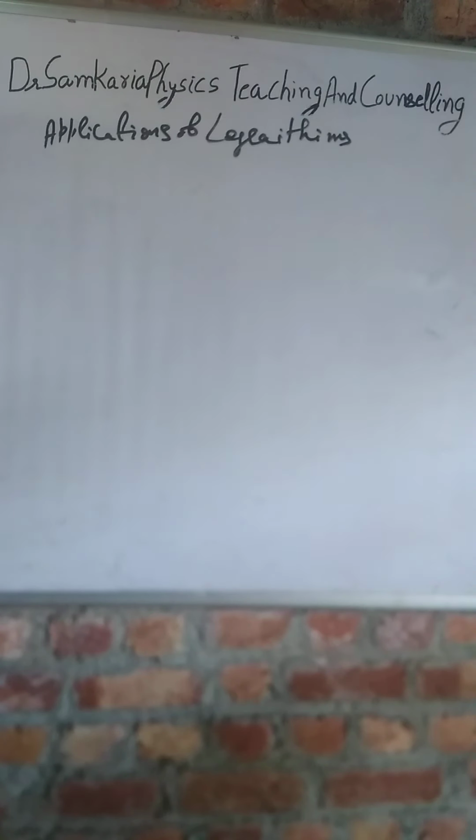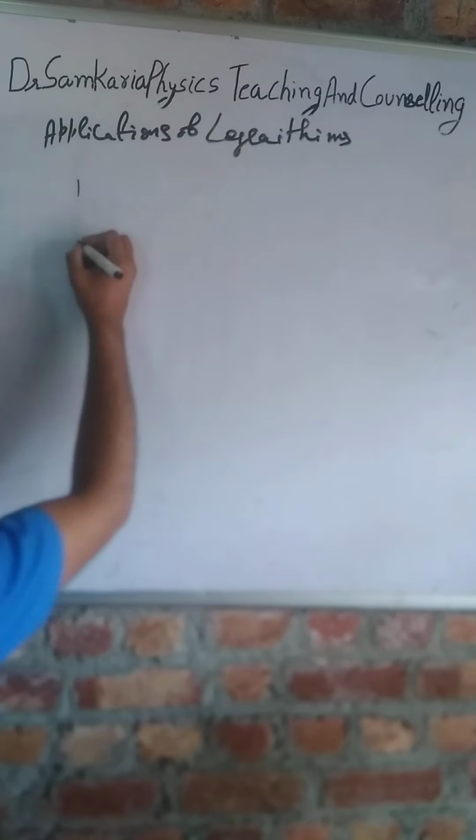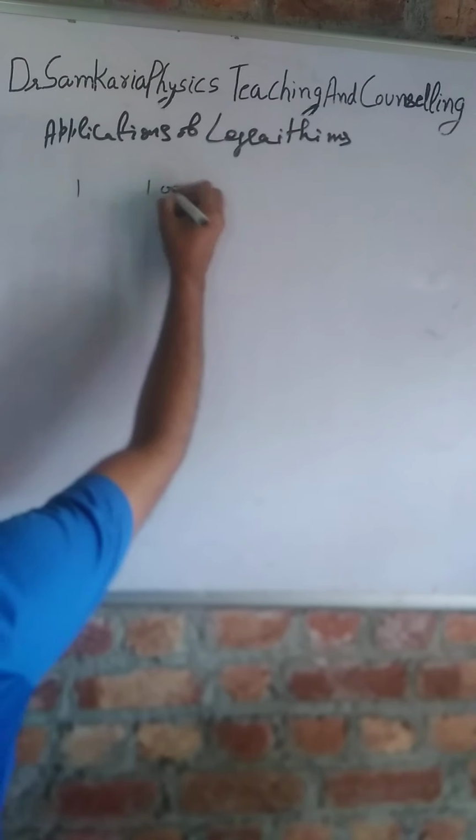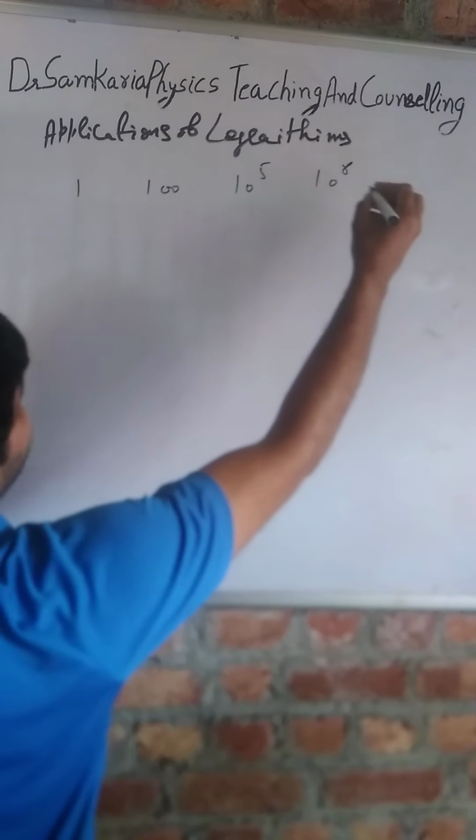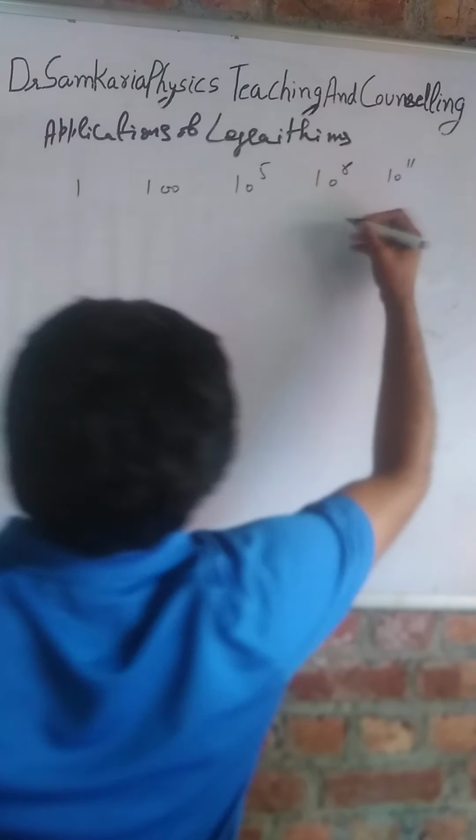Students, as you know, in science we frequently encounter numbers like 1, 100, 10 to the power 5, 10 to the power 8, 10 to the power 11.